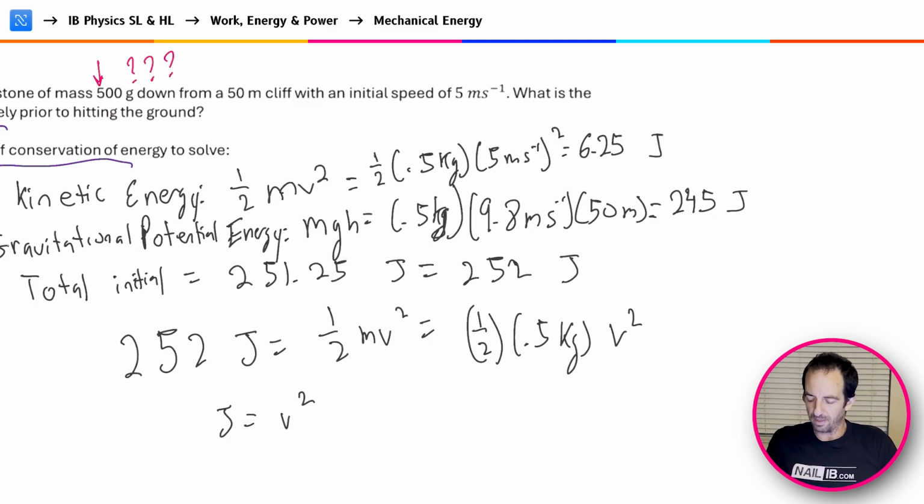So it should be 252 divided by 0.25, right? 0.5 times 1/2 gives me 0.25. 1008. There we go. So that made more sense.